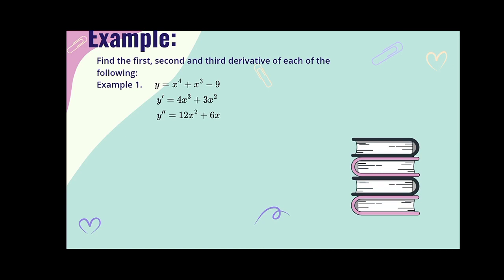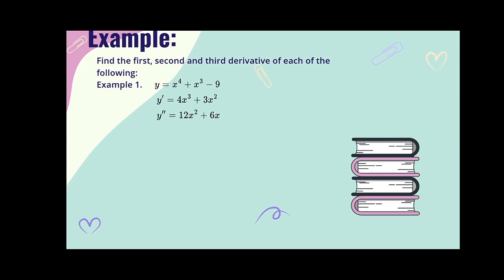So 3 times 4 is 12, and 3 minus 1 is 2. So the second derivative is 12x squared plus 3x times 2, which is equal to 6, and 2 minus 1 is equal to 1. So it will become 6x. Therefore, the second derivative is 12x squared plus 6x.